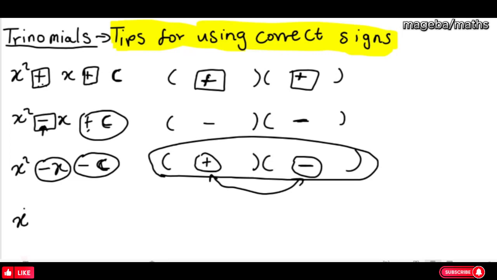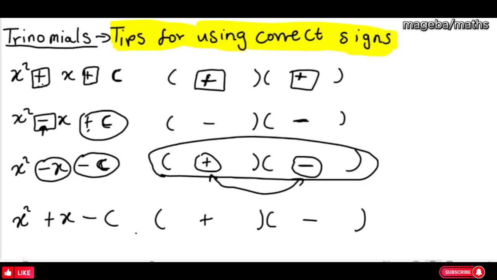And also on this one, when I have x squared, and my middle term is positive and my last term, the constant, is negative, again my factors are going to play a huge role, because the signs are either going to be positive or negative, but they are not going to be the same.